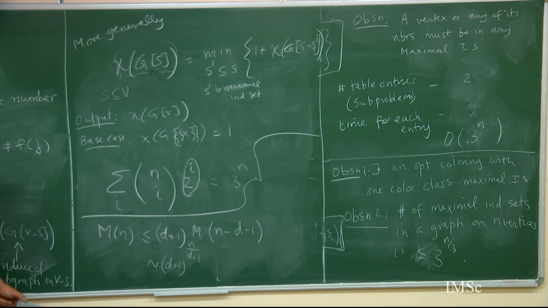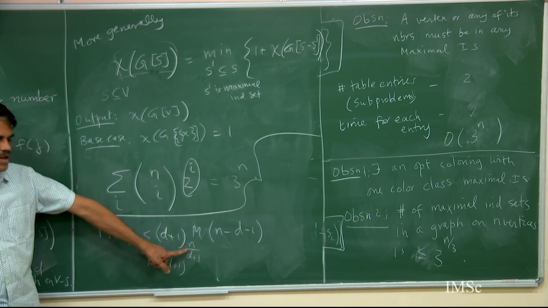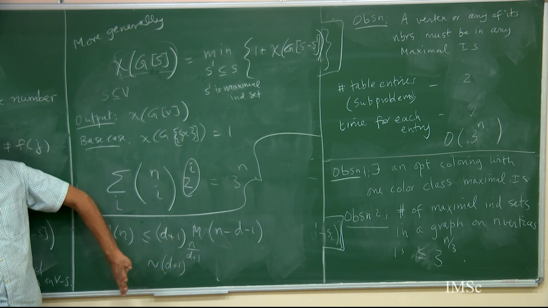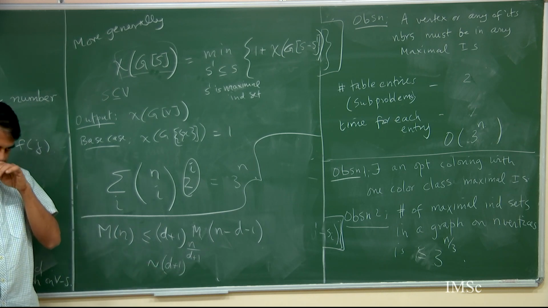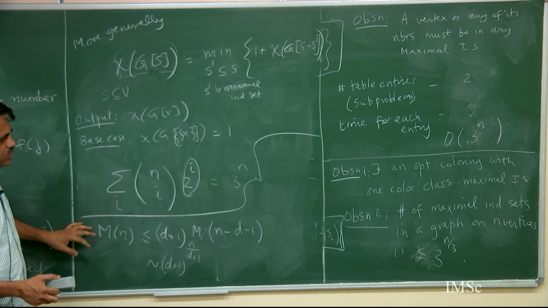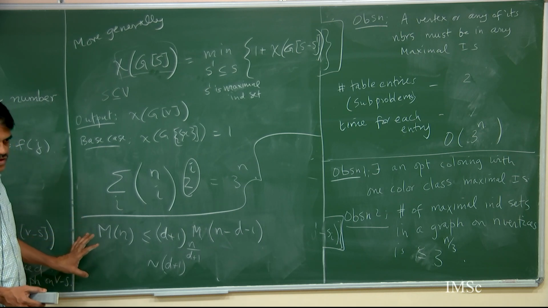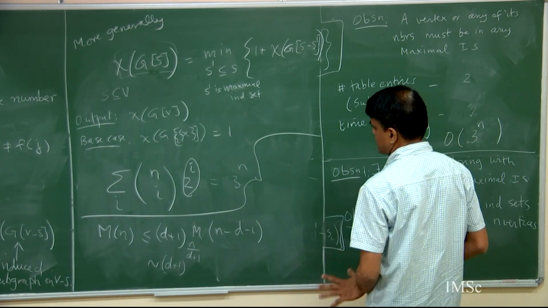And when d is 2, this is 3 power n by 3, and that is the maximum. Okay, that is just informal, but you can convert it into a formal proof. So, that gives me this bound, and I gave you an example where it is tight.